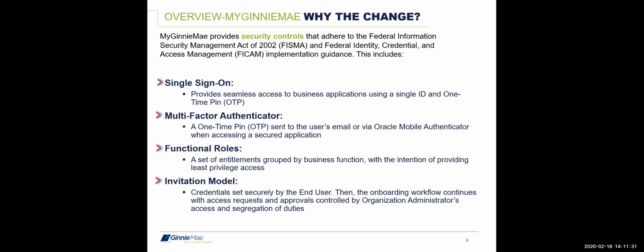It'll also allow you easy access to reports to show you the status of any users in the system for your organization, as well as the status of their access request as you're onboarding them into the portal. So again, a lot more transparency and information and security, as well as some ease that is going to make this an enjoyable experience for everyone.